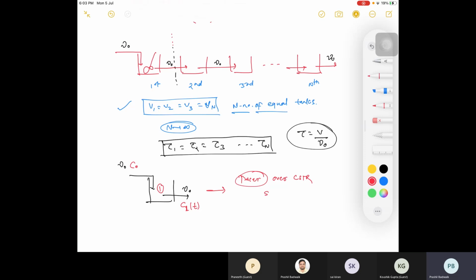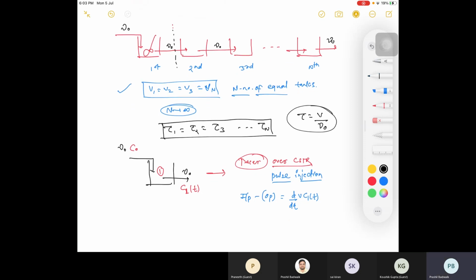For pulse tracer injection, tracer balance over a CSTR: input minus output, reaction is 0, generation and consumption 0, and your rate of change of tracer concentration, that is d by dt of V into C1(t).